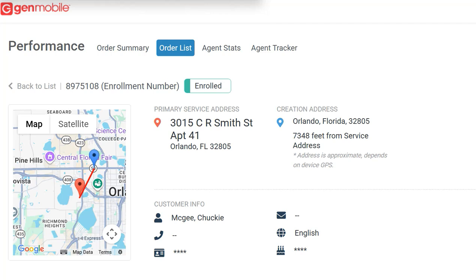There are a lot of tools that these auditors have with both USAC and at Gen Mobile to identify things that look suspicious and make them want to come out and look at you or maybe shut you down. The only reason they're not on top of this all the time is because, like you and me, they get lazy.